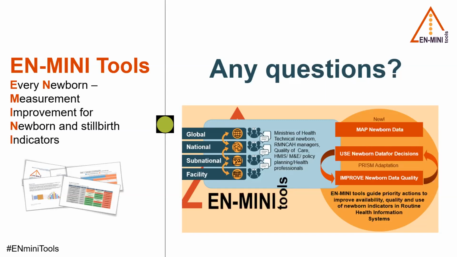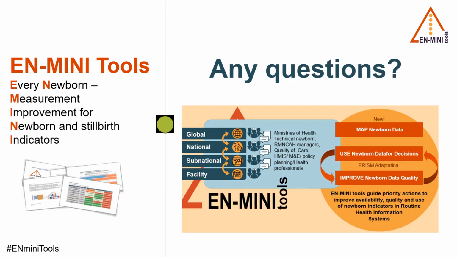For the panelists, and I would like to ask everybody, participants and panelists, this question. So we have this urgent action to reach an SDG by 2030 for maternal deaths, for stillbirths, for newborn deaths. And to do that by 2025, we must change things within our routine data systems.